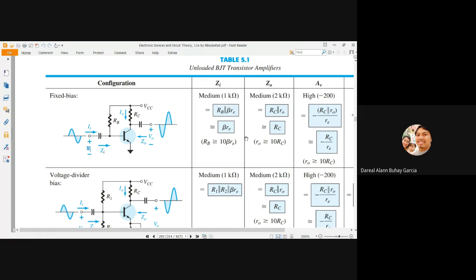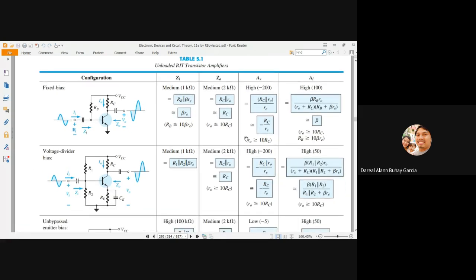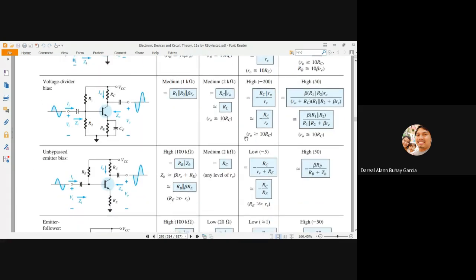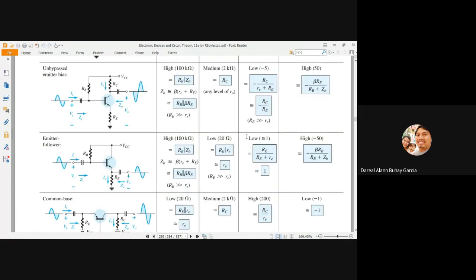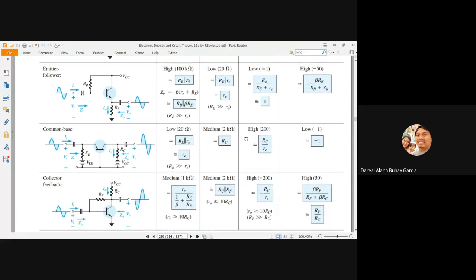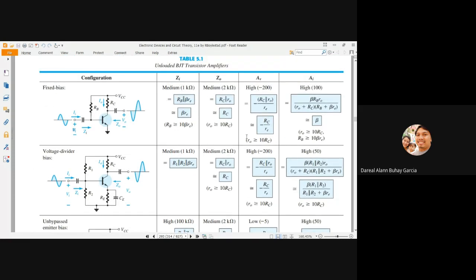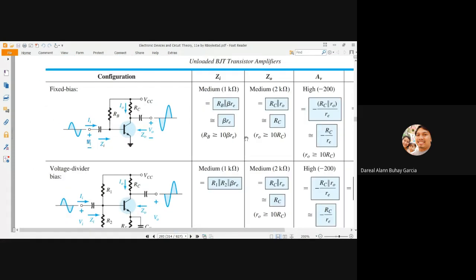So pwede na gani delete na ta mag-derive aning uban for the voltage divider bias, for the unbypassed emitter bias, for the emitter follower, common base. So conveniently naka-categorize na.